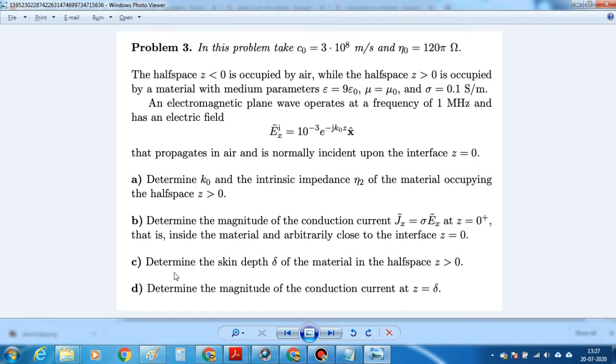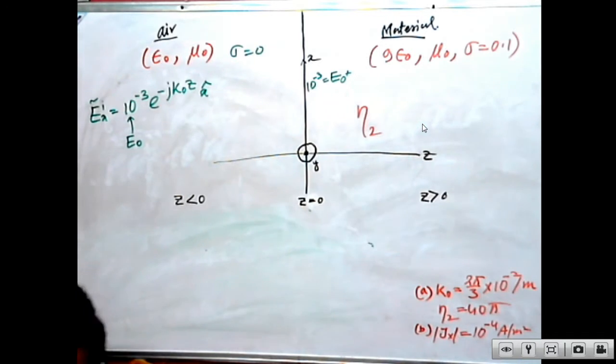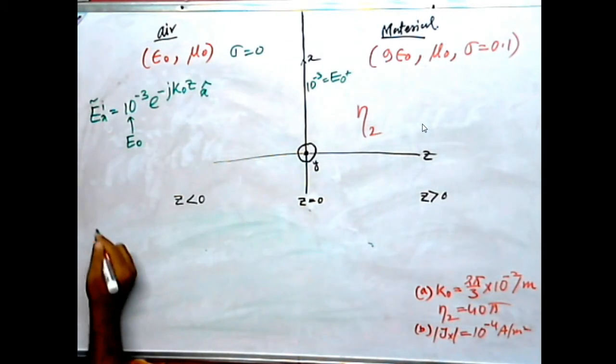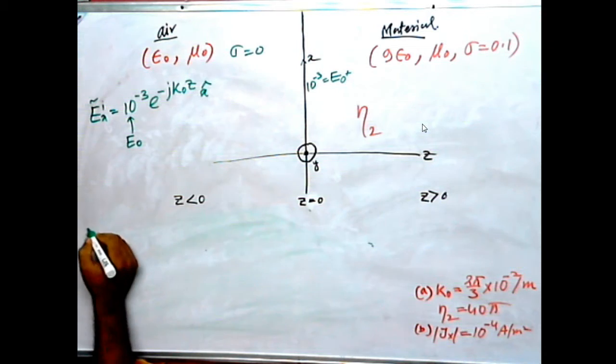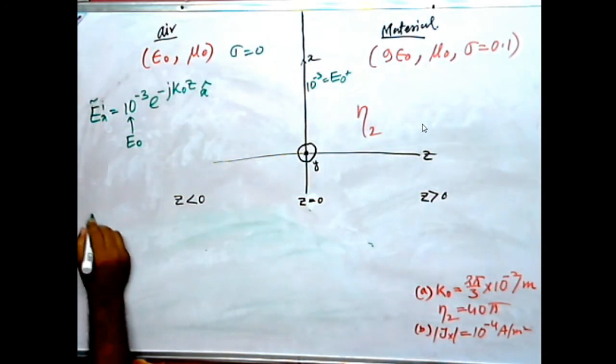Now in part C, determine the skin depth delta of the material in the half space, that is z greater than 0. As I have already told you in my Facebook page lectures on electromagnetism, you need to remember this particular formula only.